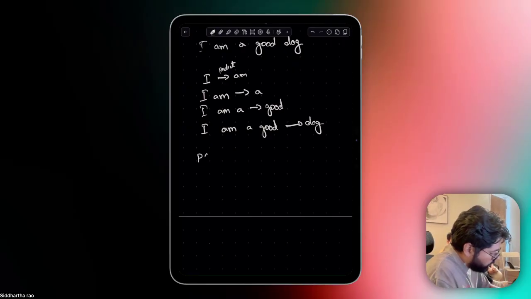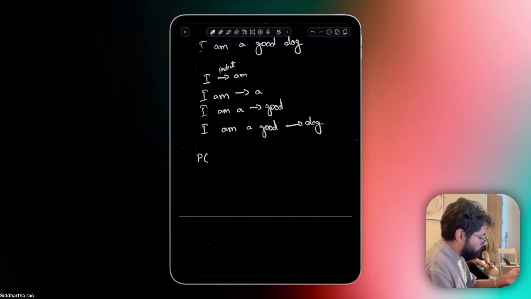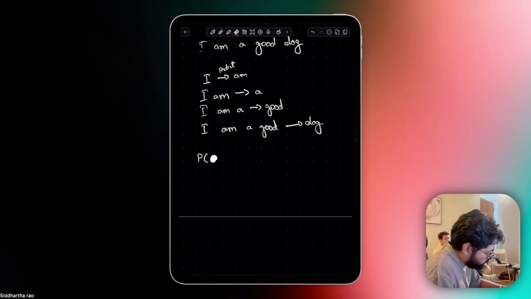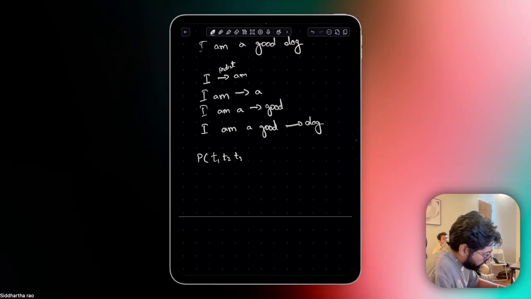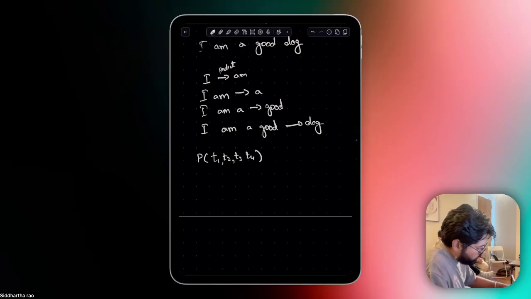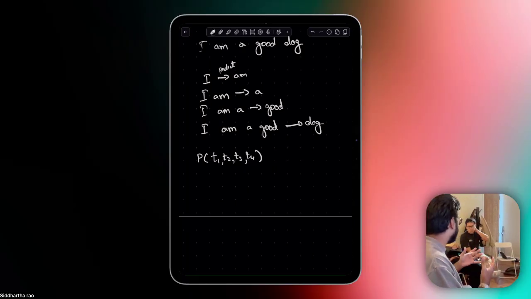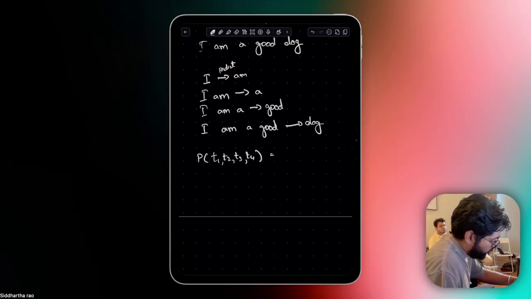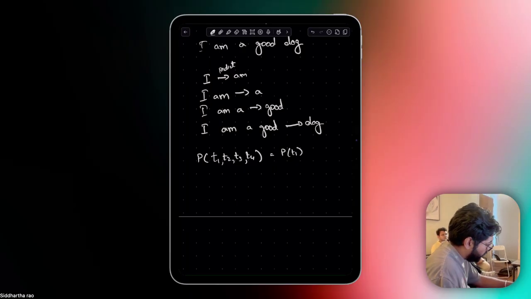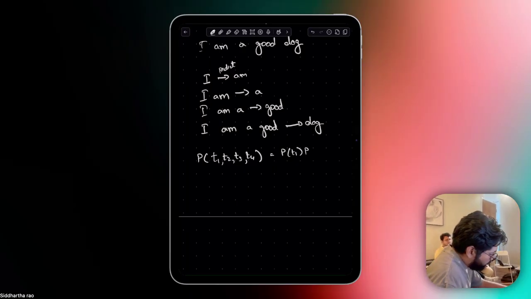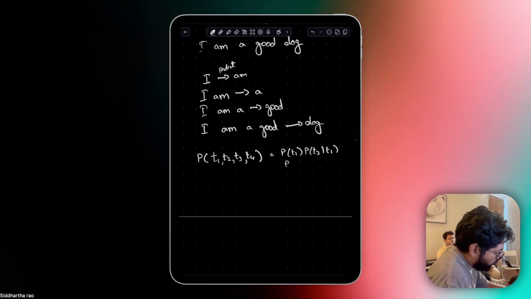If you look at it as a probability distribution of a sentence where you have token 1, token 2, token 3, token 4, and you know the probability chain rule, which is the decomposition of joint probability, what this is saying is you are computing the probability of T1, multiplied by the probability of T2 given T1, multiplied by the probability of T3 given T1, T2, and then multiplied by the probability of T4 given T1, T2, T3.